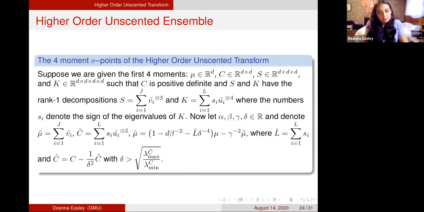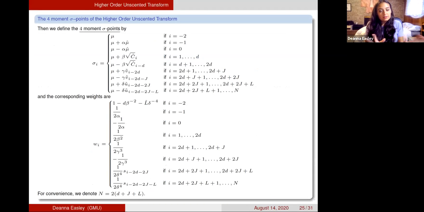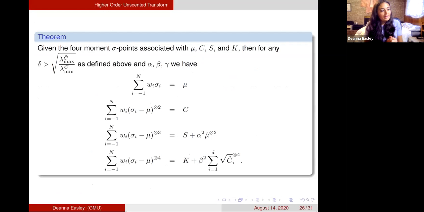And so we created a whole new set of quadrature nodes, as shown here, and associated weights. The first three nodes correspond to the mean, the next few to the covariance, next few to the skewness, and then the remaining to the kurtosis. And we prove that our ensemble matches the first 4 moments up to these errors that can be made as small as we wish.